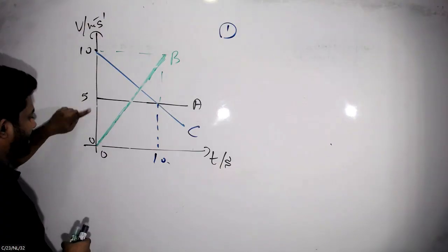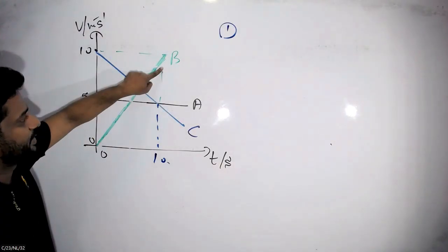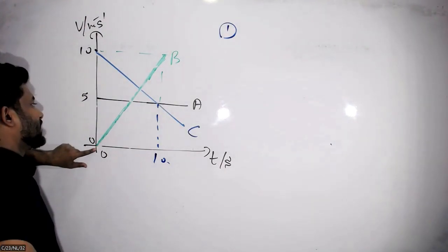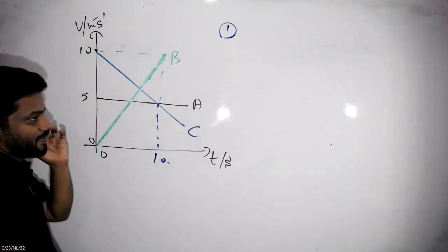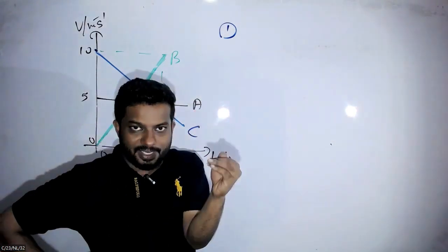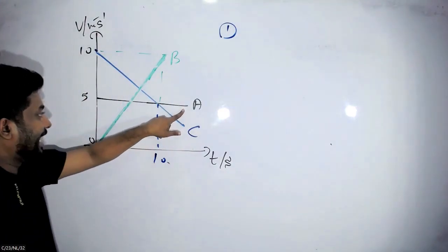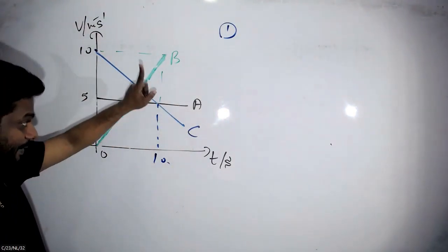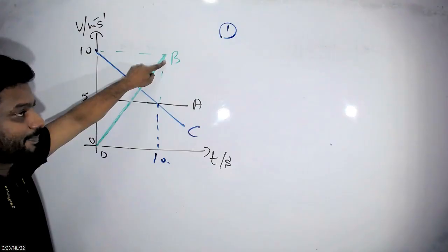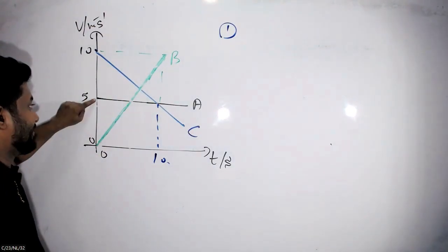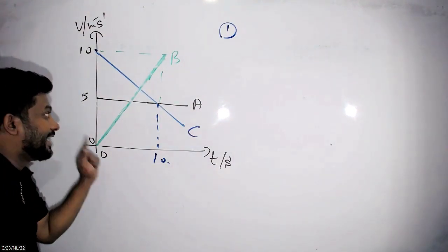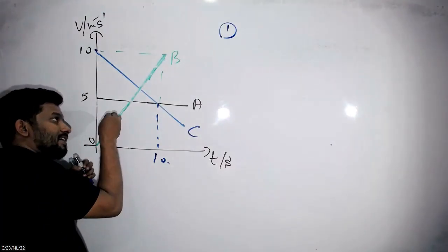Here you can observe that at t equals 0, the velocity of B is 0. At t equals 0, the velocity of A is 5 meters per second. That means at the starting point, A passes the object B. Got it? But then B accelerates from 0.